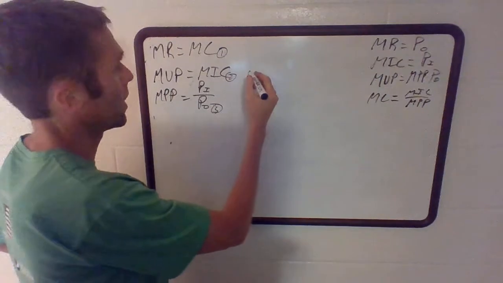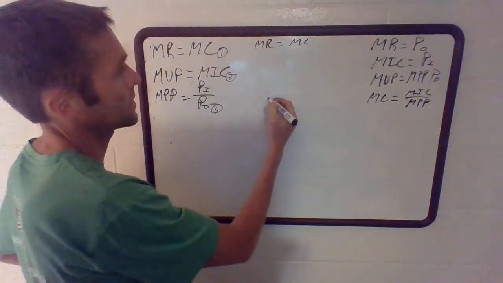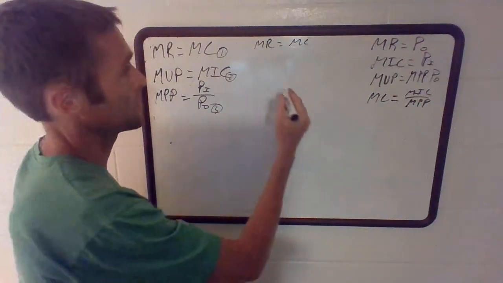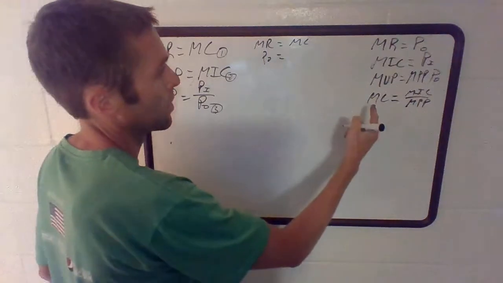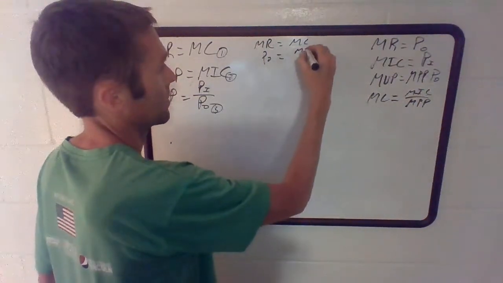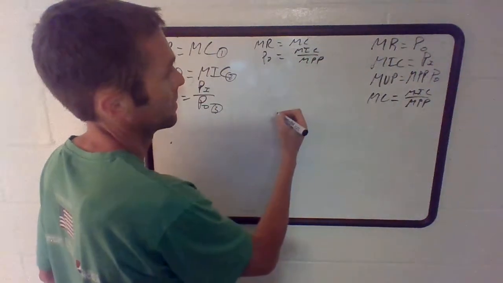So for number 1, if we start off with marginal revenue equaling marginal cost, and I just make random substitutions, I know that marginal revenue can be the price of the output, and marginal cost can be marginal input cost divided by marginal physical product.